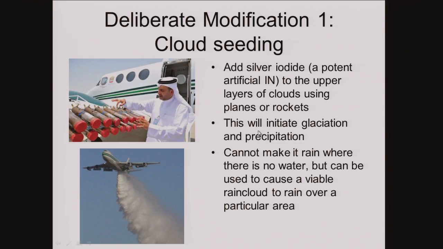Okay, so you can't make it rain obviously when there's no water, but it can be used to cause a rain cloud to rain more over a particular area. So this is due to the ice precipitation pathway that I mentioned before.